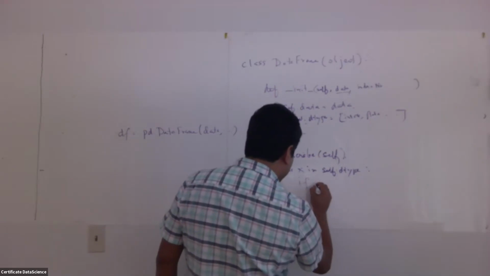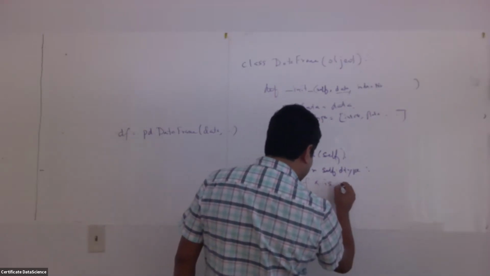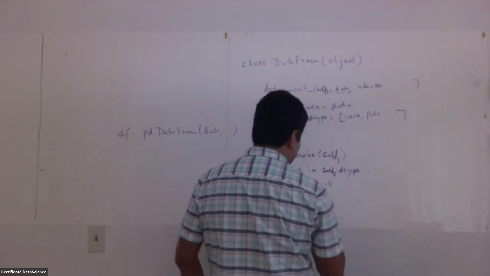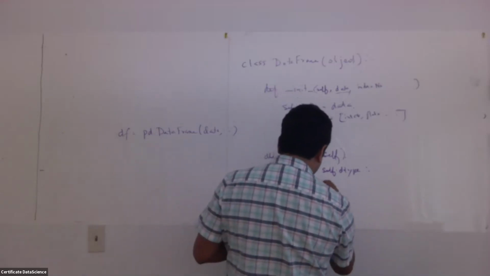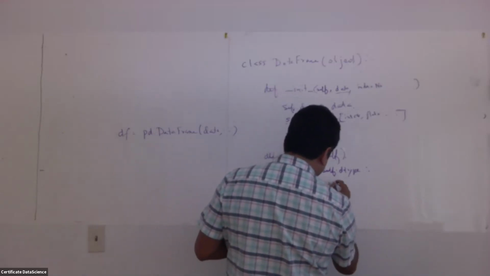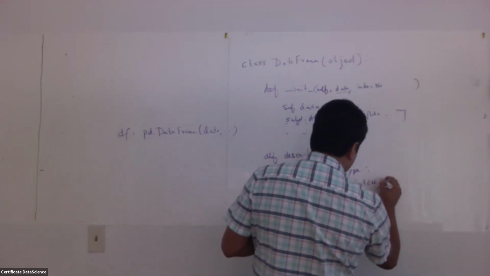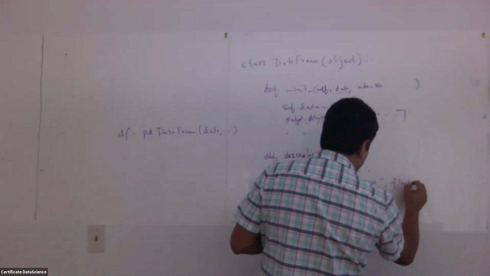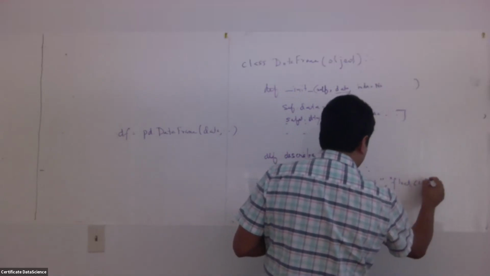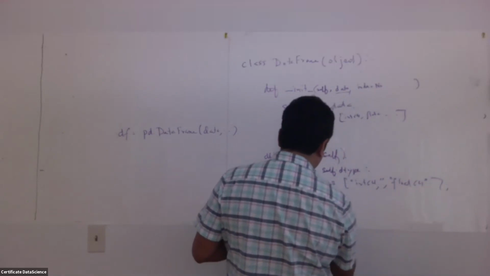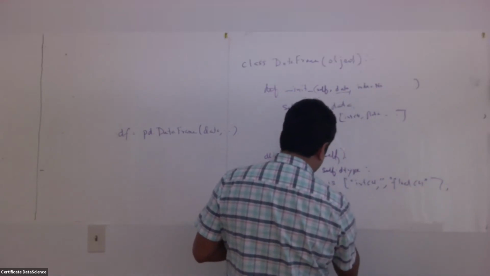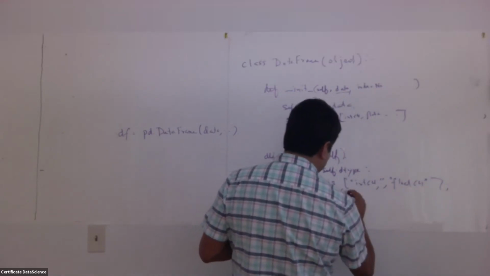Then if x is of type, Python type, suppose, is in, say, int64 or float64, and so on, whatever, if it is, then it will compute minimum.